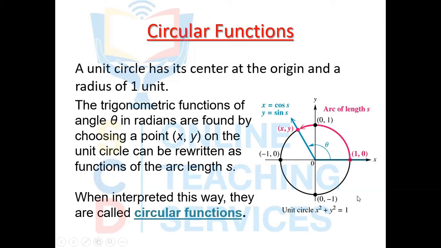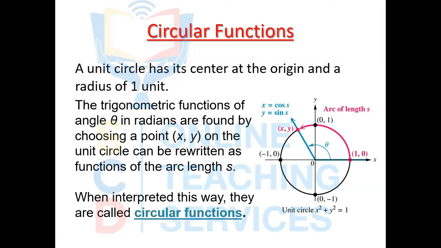From this point going to that point, this represents the arc length s, the pink one. Wherein our x coordinate is cosine s and our y coordinate is sine s. Are we clear on that?